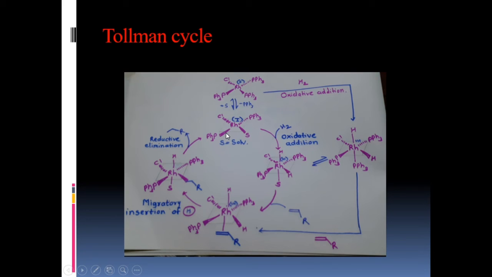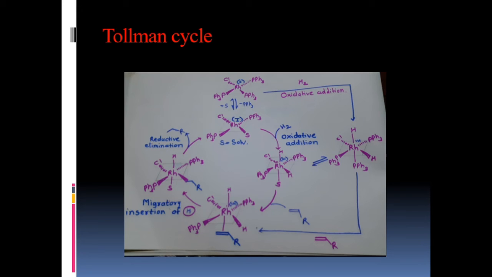Now, in the first step, the four coordinated species undergoes dissociation of one ligand, that is one PPh3 ligand, and we get a three coordinated species. That three coordinated species is the active form.